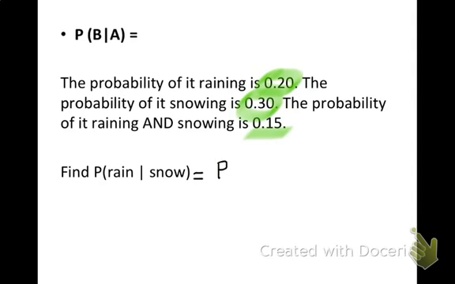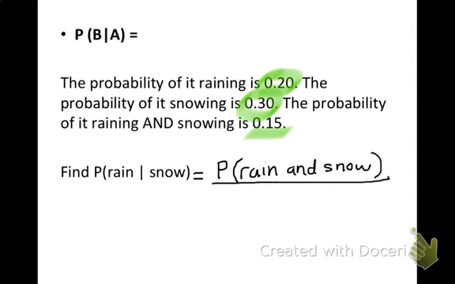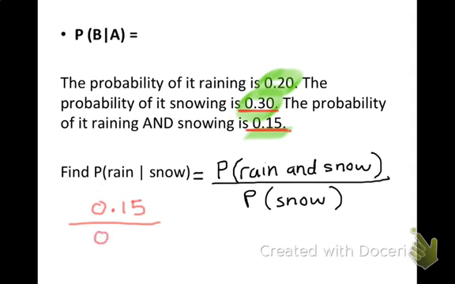This time we're not using the number, we're using the probability, because that's what we've been given. You can use the intersection symbol, it doesn't matter. We're going to divide it by the probability of snow because that's what we've been given. The probability of rain and snow is 0.15, and the probability of snow is 0.30. When you simplify that, your answer is going to be 1/2.